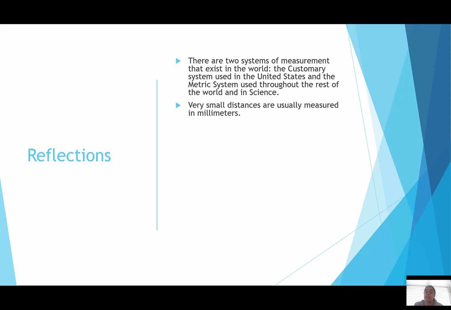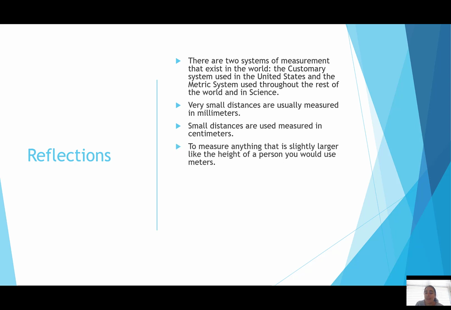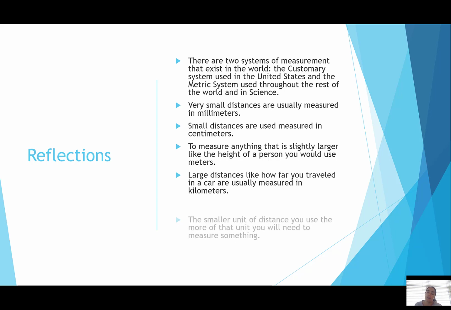Very small distances in the metric system are usually measured in millimeters. Small distances are measured in centimeters. To measure anything that is slightly larger, like the height of a person, you would use meters. Large distances, like how far you traveled in a car, are usually measured in kilometers.